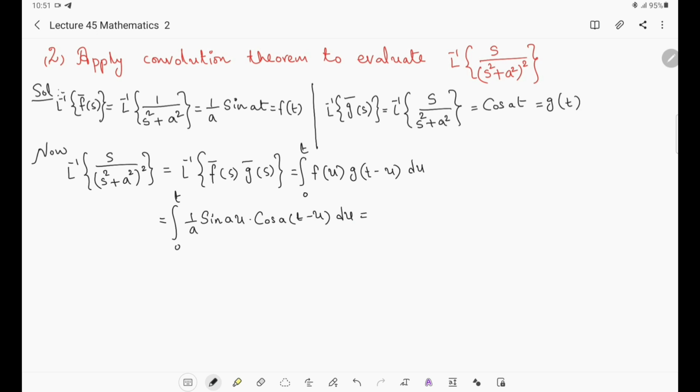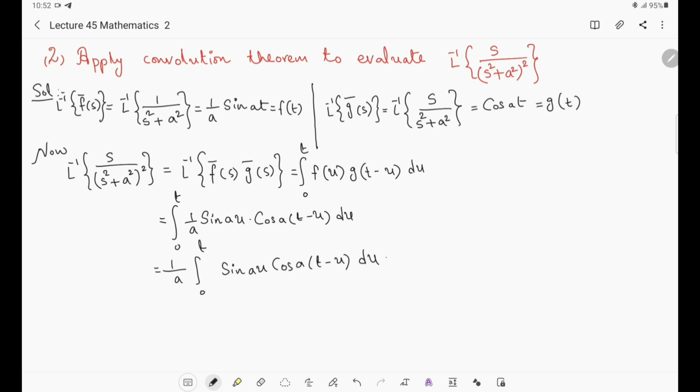So this is equal to 1 by a integral 0 to t sin au cos a into t minus u du.